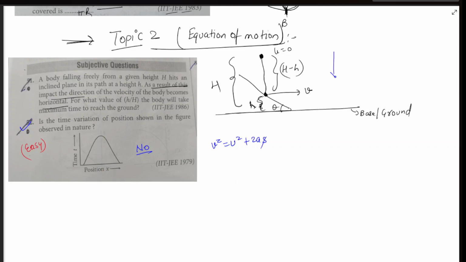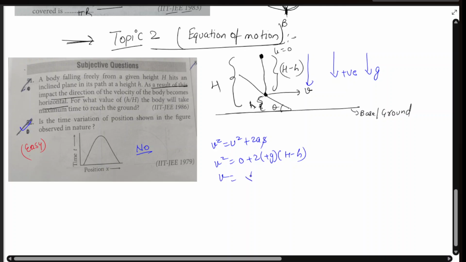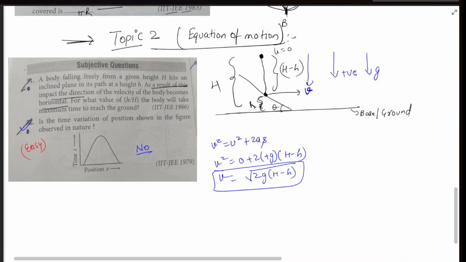Downside I'm taking as positive, so g is positive and H minus h is also positive. So v square will be 0 plus 2g times H minus h, which turns out to be 2g(H minus h). Very easy, right? And this velocity becomes horizontal.